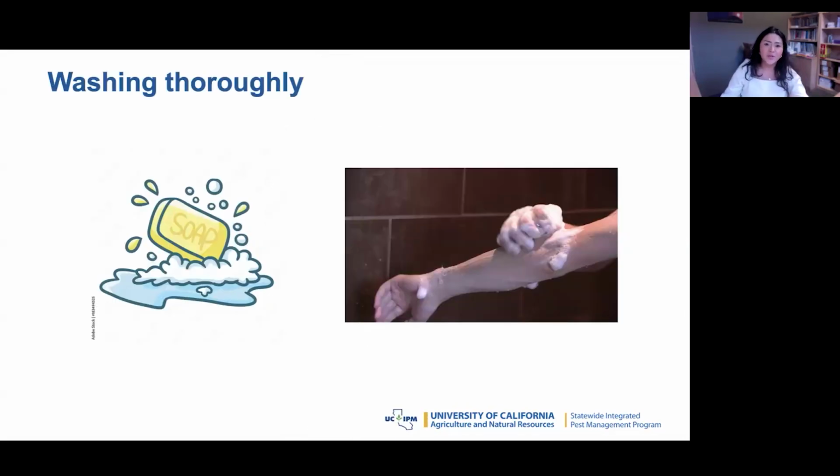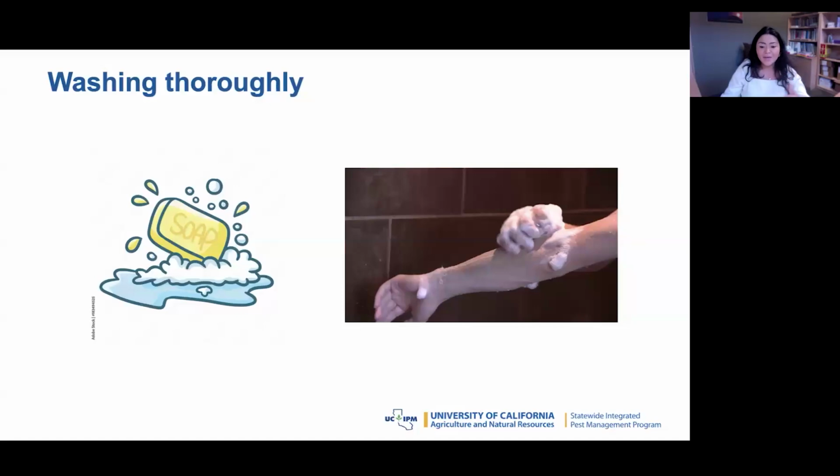So having the information of how the residues are absorbed through the skin is really going to send that message that it's extremely important to wash your hands thoroughly with soap and water.